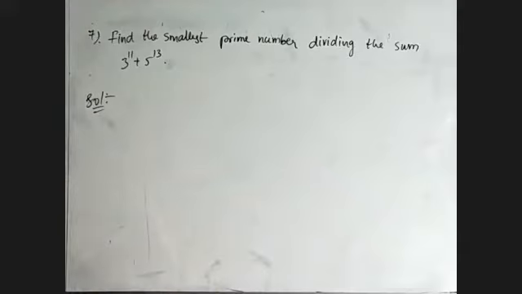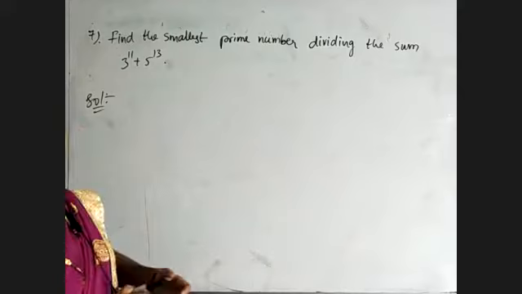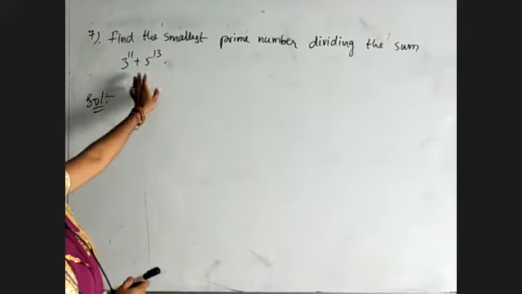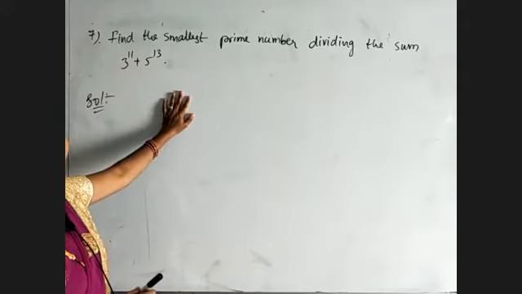Observe the question. See, it is very difficult to find 3 power 11 and 5 to the power of 13, then after that their sum, and after that which prime number is dividing. That is very difficult.